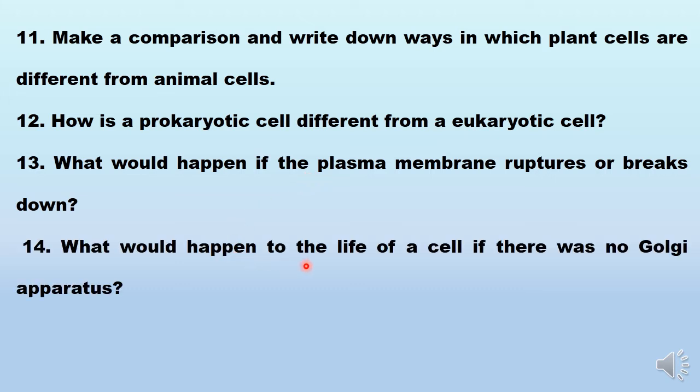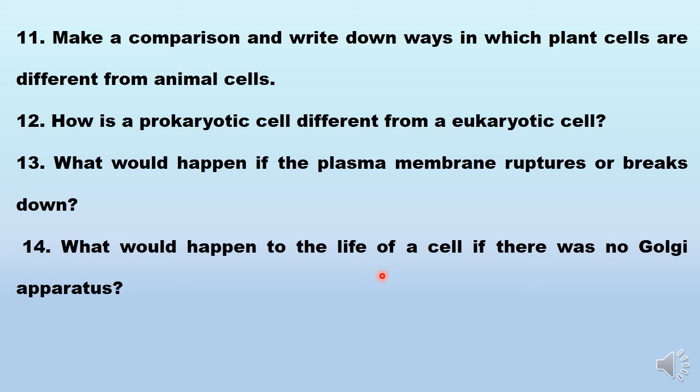What would happen to the life of a cell if there was no Golgi apparatus? Before answering this question, let us try to recall the functions of Golgi apparatus. Golgi body is involved in storing various compounds, modifying them, packaging them, and then disposing them to the target site.